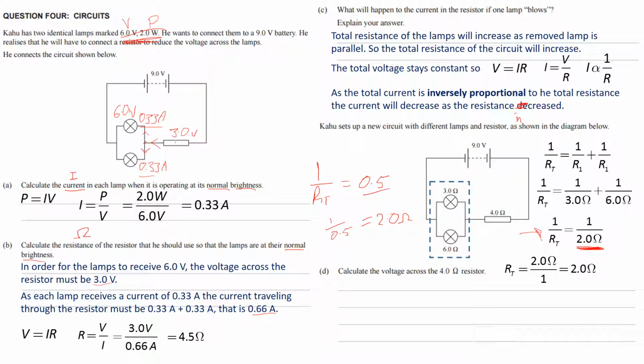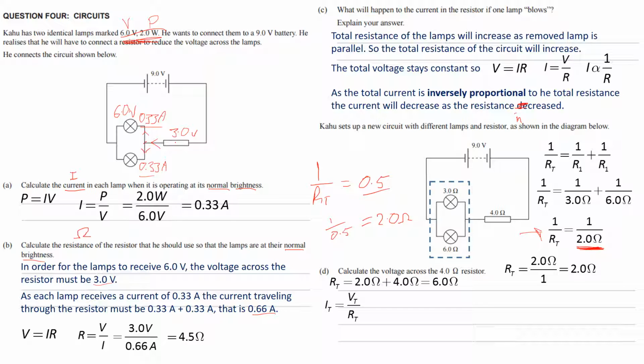Okay, so I know the resistance now, so the total resistance for the 2 in parallel is 2 ohms. That 2 ohms here is in series with the 4 ohms. So my actual total resistance is 6 ohms. So now I know the total resistance of the circuit, I can find what the total current is.